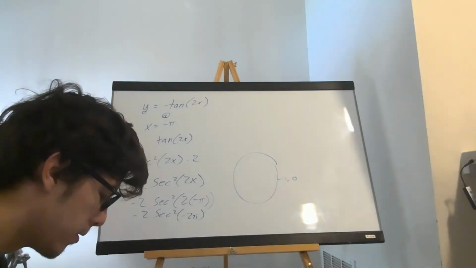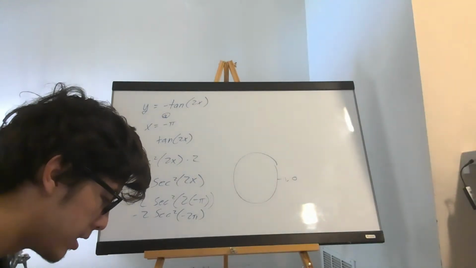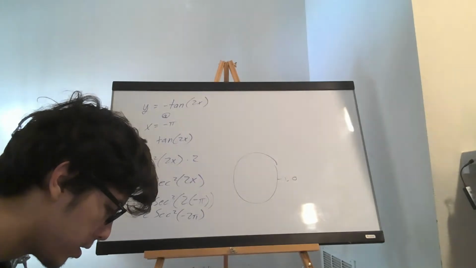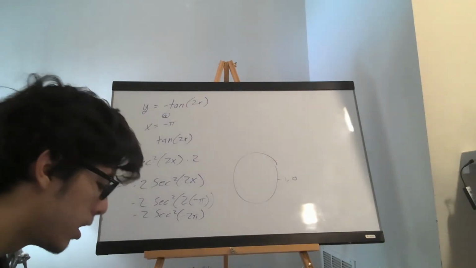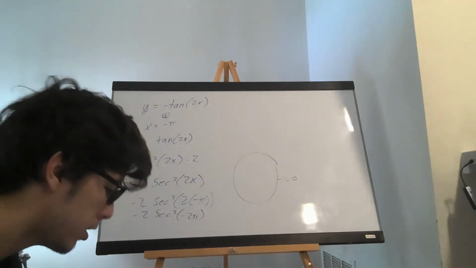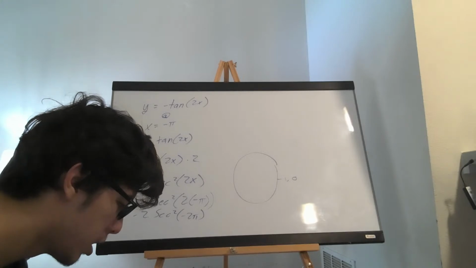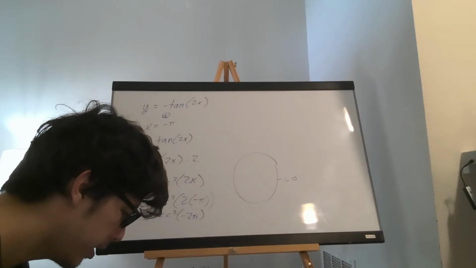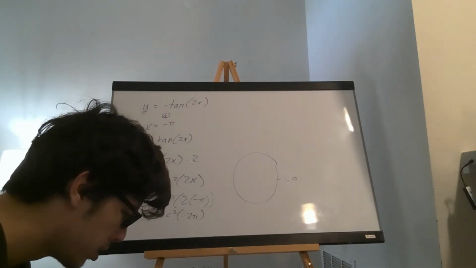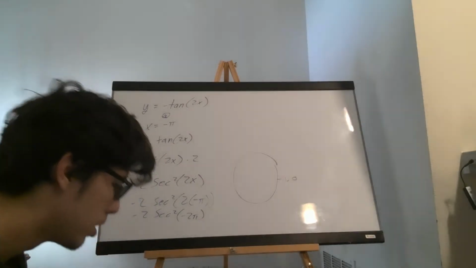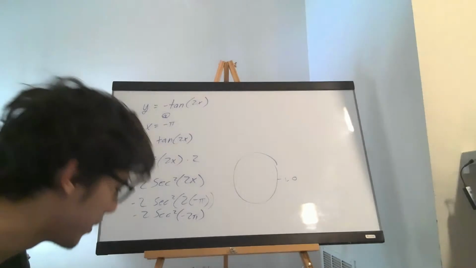So let's see. 1 divided by cosine of negative 2 pi, squared.